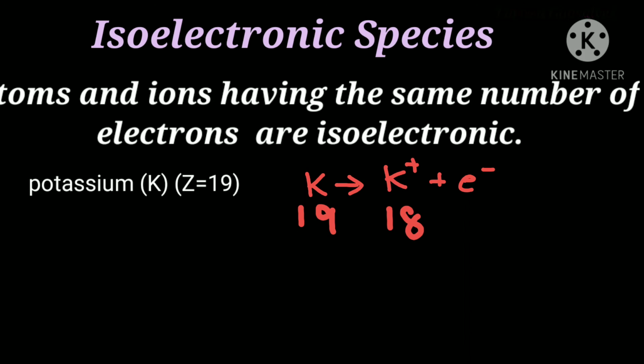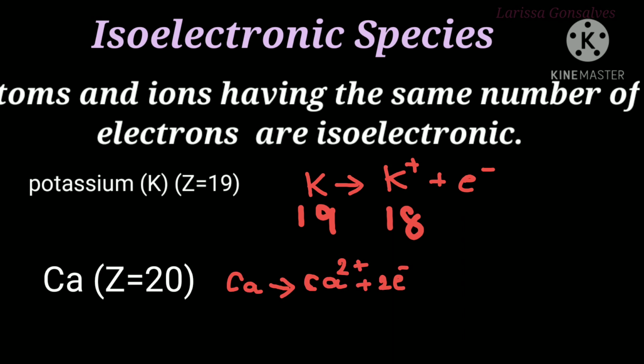So now if we check argon, argon has an atomic number of 18. Similarly, calcium 2+. Now the atomic number of calcium is 20, but Ca2+ means it is going to lose 2 electrons. So if it is losing 2 electrons, it will have only 18 electrons left.